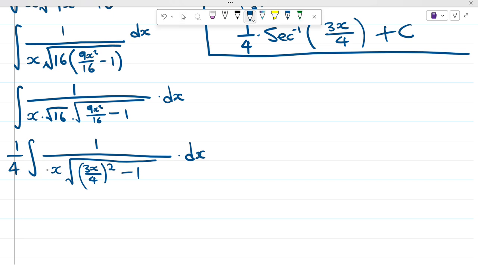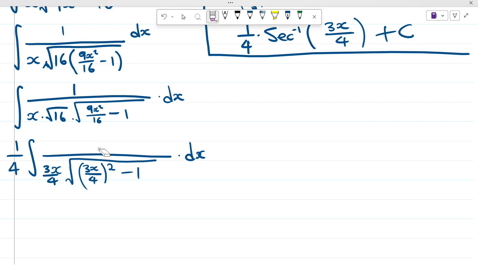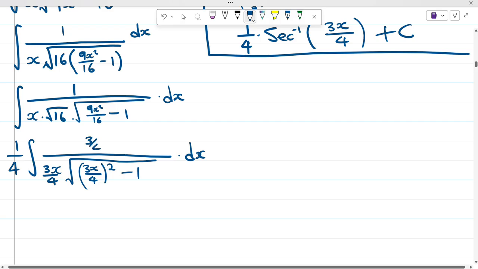And then on my numerator, I should have the derivative of this. The derivative of this is just 3 over 4, right? So on my numerator I should have 3 over 4, and the 3 over 4 and 3 over 4 cancel out.